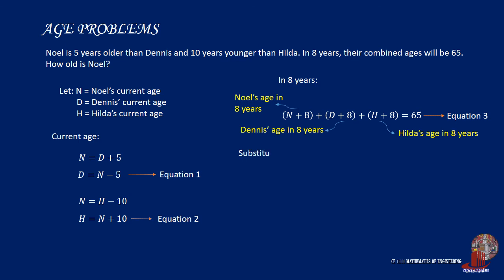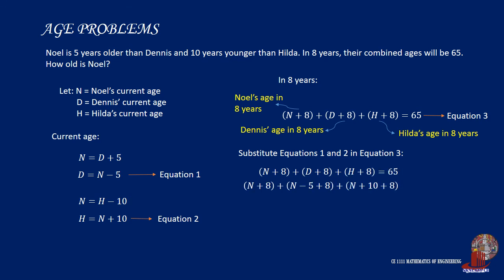To solve for Noel's age, we substitute both equations 1 and 2 in equation 3. So we get N plus 8 plus N less 5 plus 8 plus N plus 10 plus 8 is equal to 65. And by simplifying, we arrive at 3N is equal to 36. Divide both sides by 3. We get Noel's current age as 12 years old.